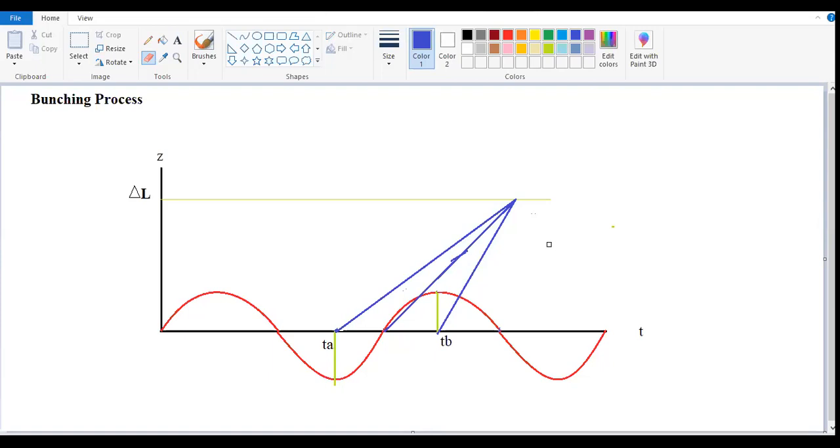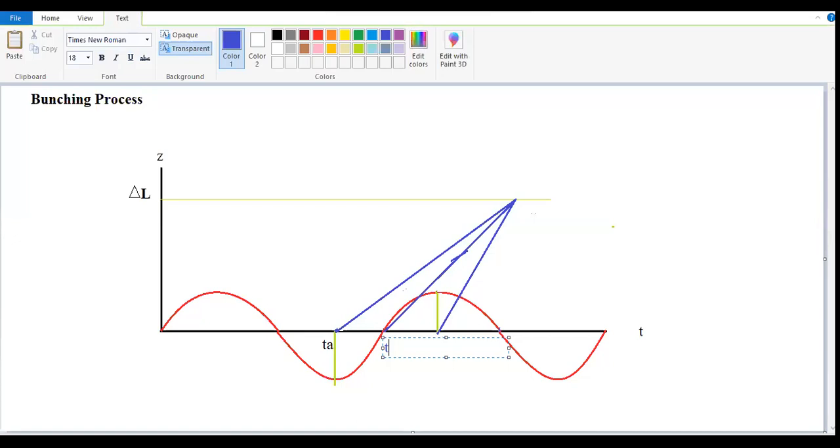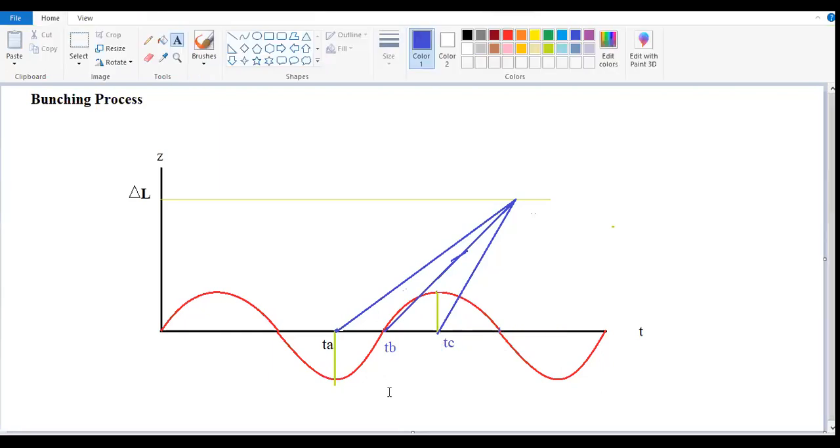Now these three examples are there. I will name this as the second one, that is the 0, that is TB. And the third one, that is TC. Three different positions I have taken for different times. What is the cycle at TA? It is the negative half cycle.